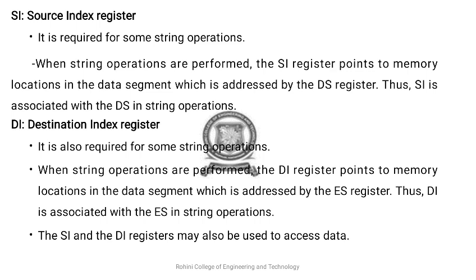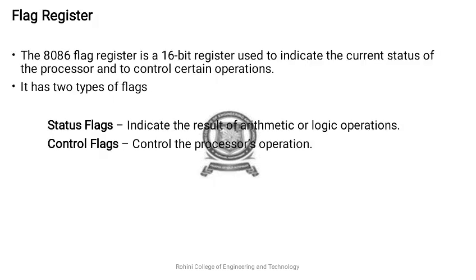It is also required for some string operations. When string operations are performed, the DI register points to memory locations in the extra segment which is addressed by the ES register. Thus, DI is associated with the ES in string operations. The SI and the DI registers may also be used to access data.